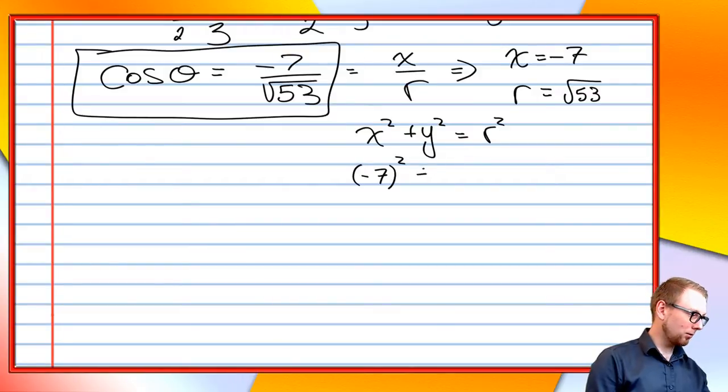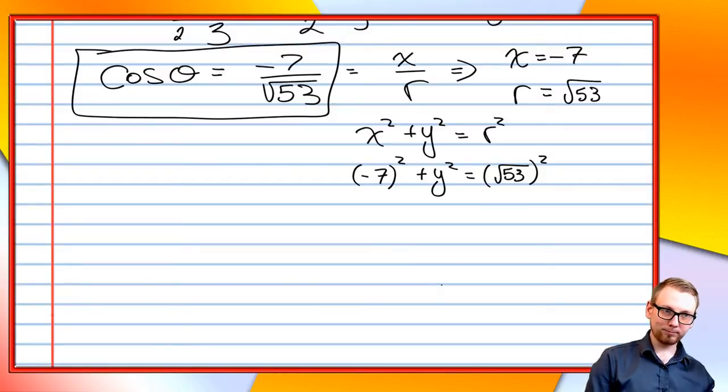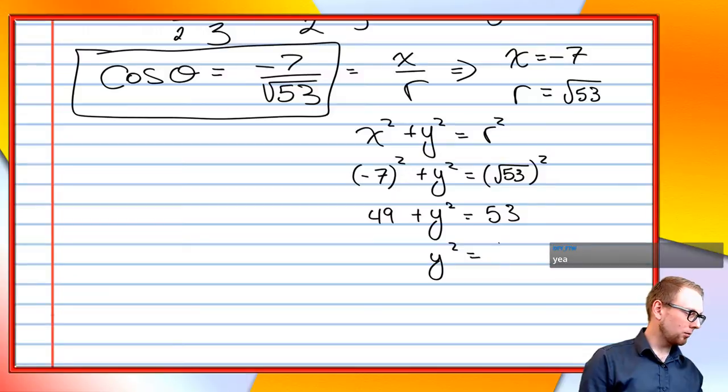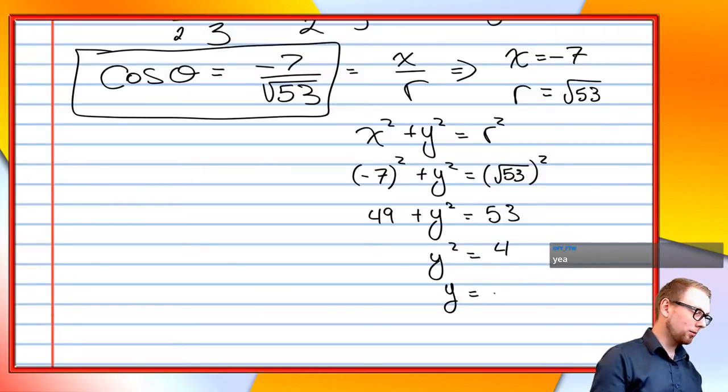Y squared, we don't have. R squared, so square root of 53 squared. Make sense? So, 49 plus y squared equals 53, y squared equals 4, y equals, this is where we would say plus or minus 4.